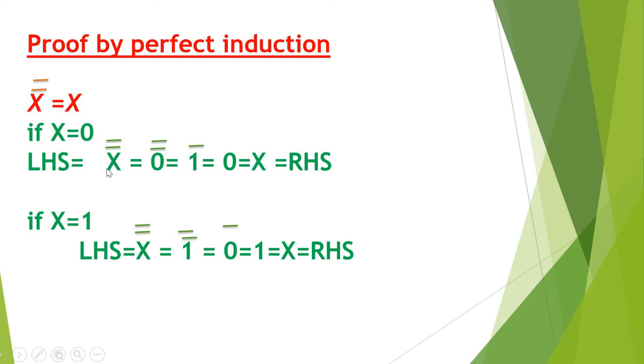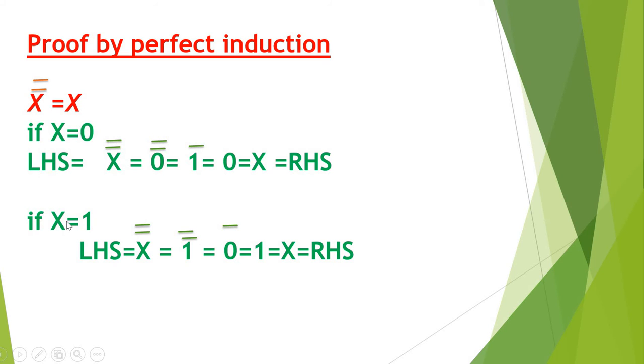Put the value 0 for x. Then x double bar is equal to 0 double bar. What is the value of 0 bar? 1. Substitute 1 for this 0 bar. Then we get 0 double bar is equal to 1 bar, that is equal to 0. 0 is equal to x, that is equal to RHS.